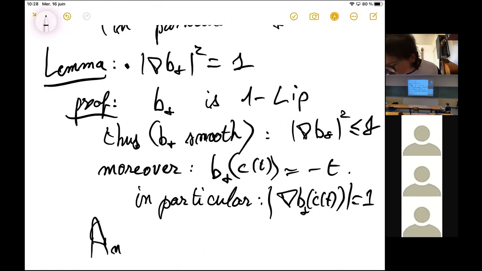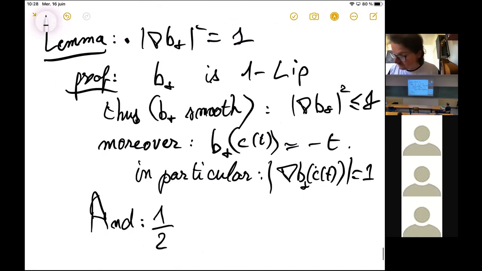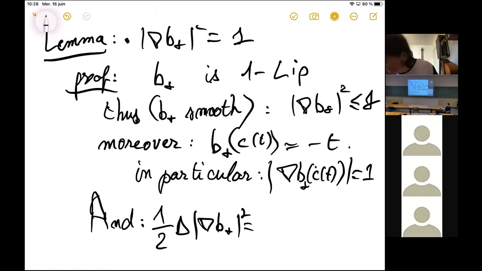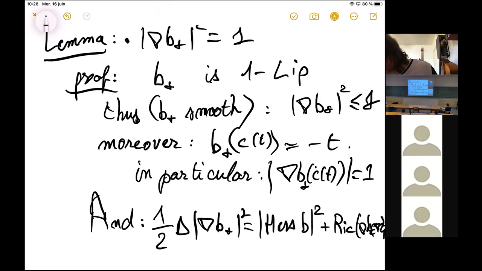And now I will use the Bochner formula. You see the interest of that here: I don't know for now that b is a distance function. So it is important to know the Bochner formula for functions which are not known to be distance functions. The Hessian of b squared plus Ricci of gradient b plus, gradient b plus.